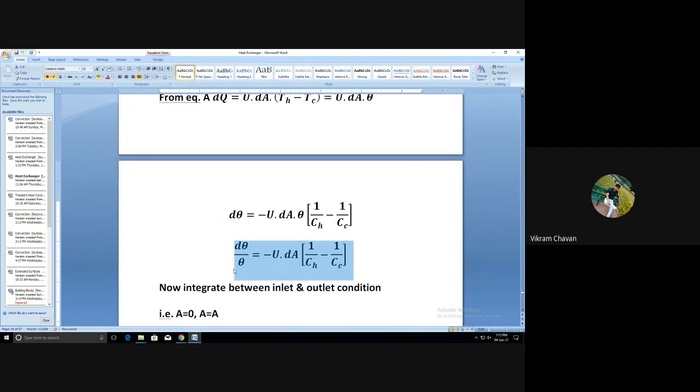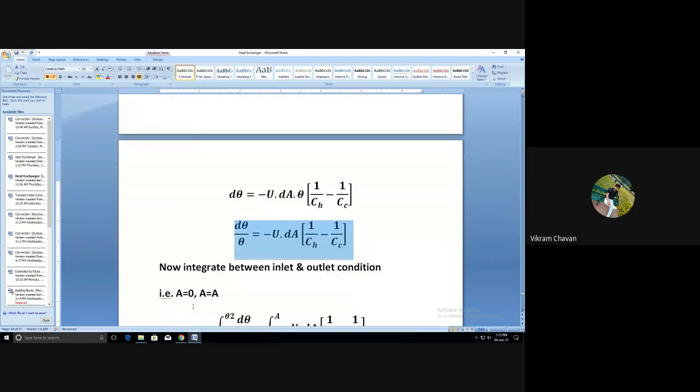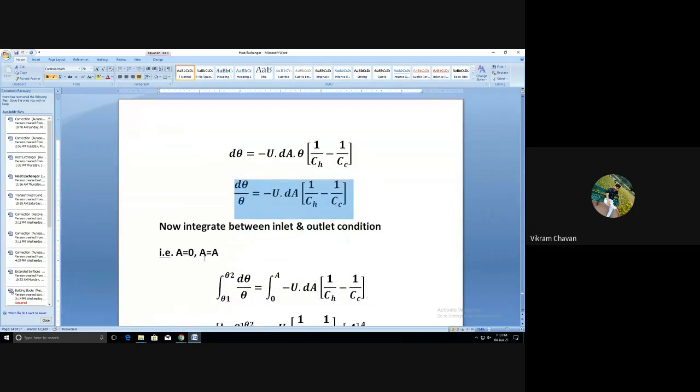Now this equation we will get for the particular considered elementary area. Now we have to consider the total area of that heat exchanger, and the total temperature difference. Therefore we have to integrate the equation with respect to limits, and the limits for theta are theta 1 to theta 2.